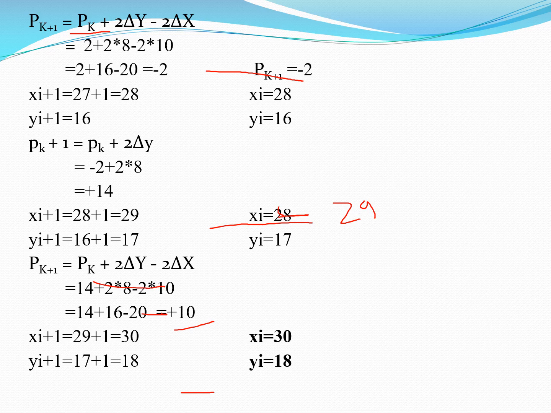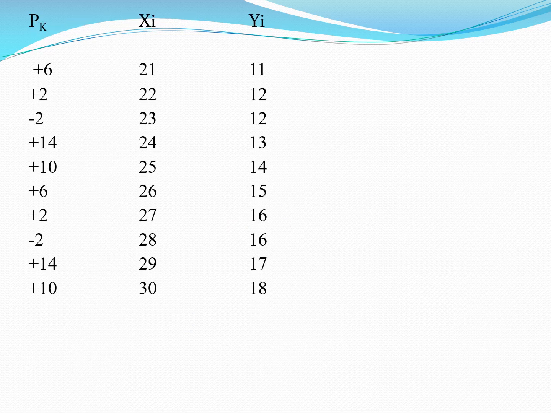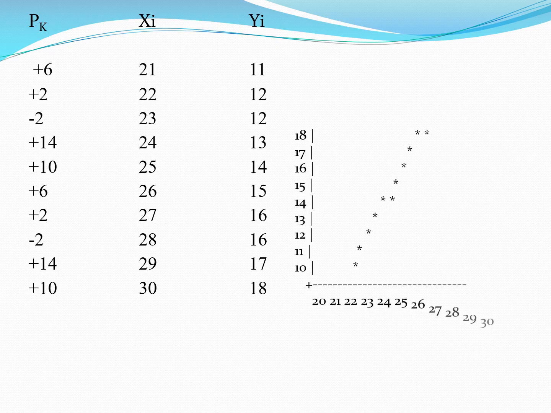So here the algorithm ends. Why? Because we reached the final pixel value. So here we are recording the pk value as well as the x and y coordinates to make a graph. The graph looks like this, and in the graph you have to mention all the pixel values and simply take the starting pixel to the end pixel, and we make the line.